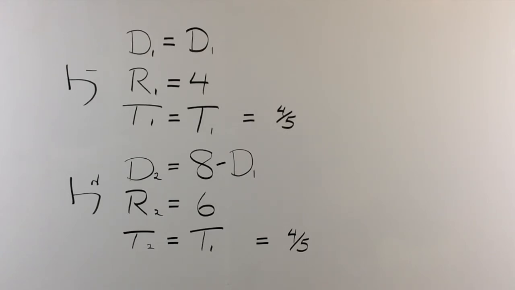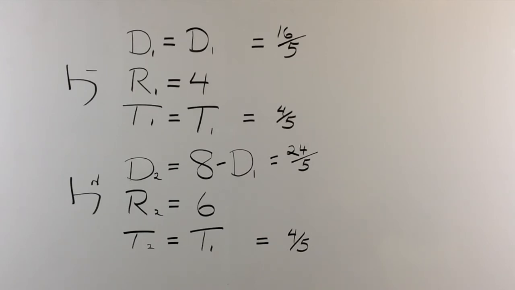It's 6 times 4/5, which is 24/5. And for distance 1, we have 4 times T1. T1 was 4/5, so 4 times 4/5 is going to be 16/5. And so 16/5 and 24/5 is 40/5, or 8 miles. And that was correct. The total distance was 8 miles.